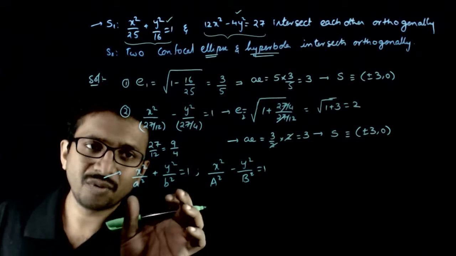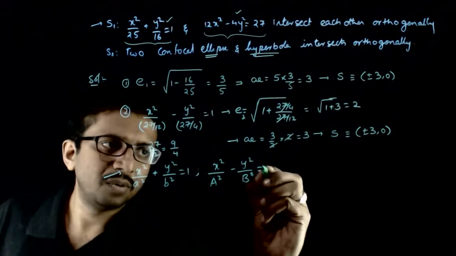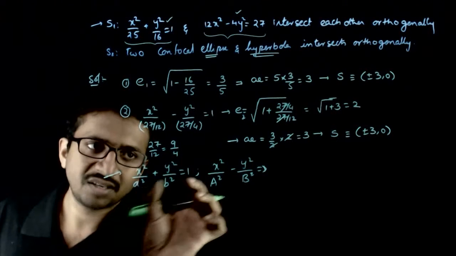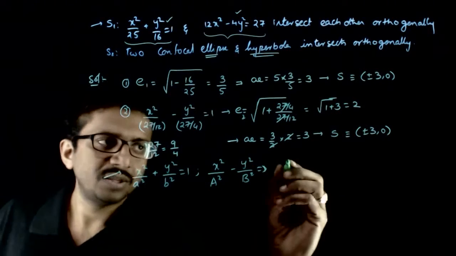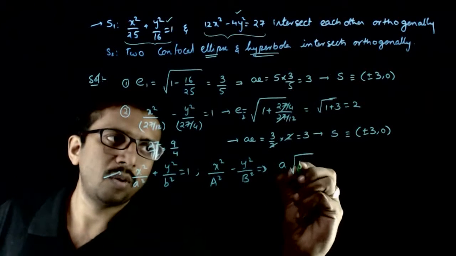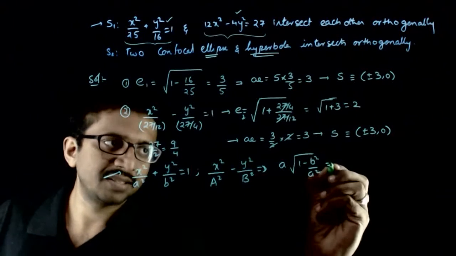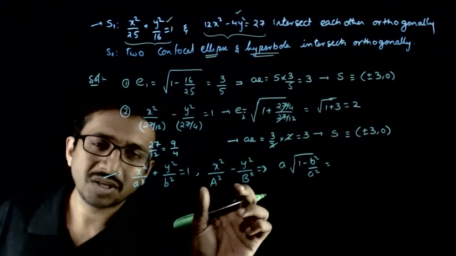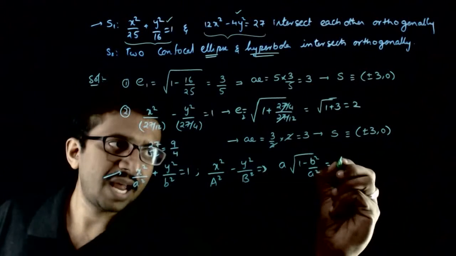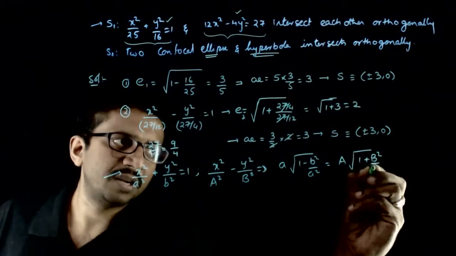That means the focus of this should be same as the focus of this. So AE of the first should be same as AE of the second. What are the coordinates of the focus of this? A into root of 1 minus b square by a square, and the focus of this is capital A into root of 1 plus b square by a square.